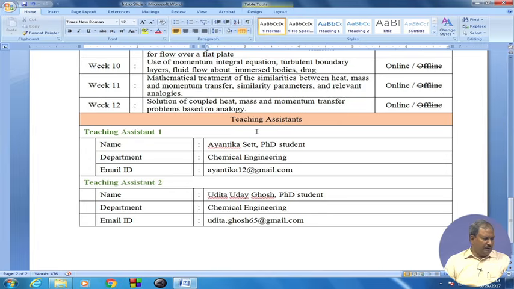And so, together I think we are embarking on a journey to understand the transport phenomena, the transport processes, starting with the very basic fundamentals. And it is going to be an interesting course, because you are going to have a paradigm shift of your understanding about how different processes can be modeled.